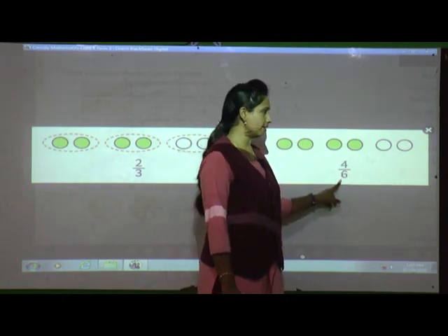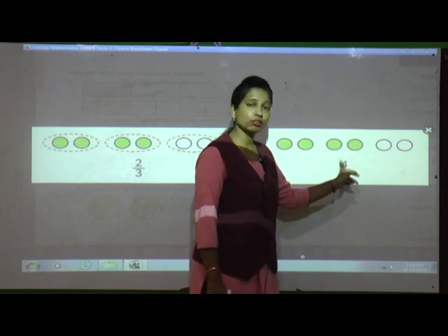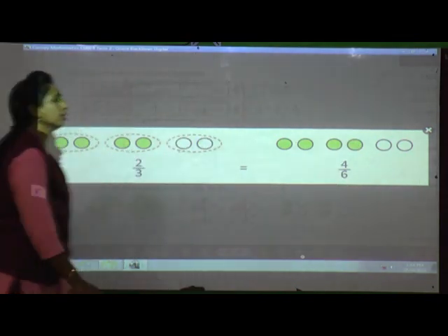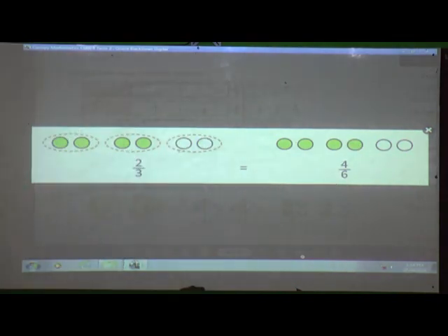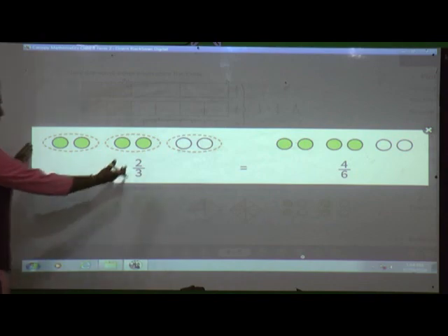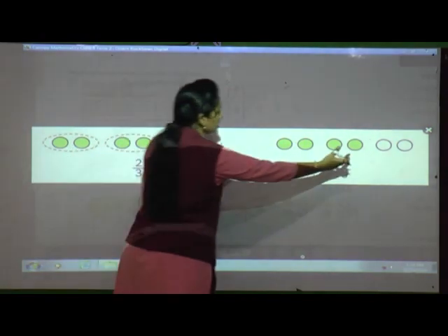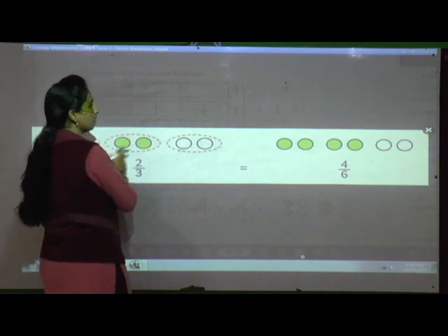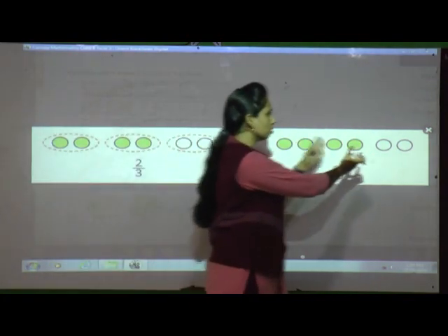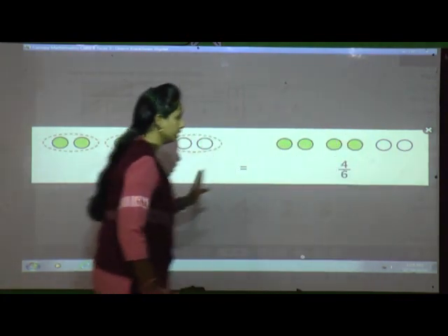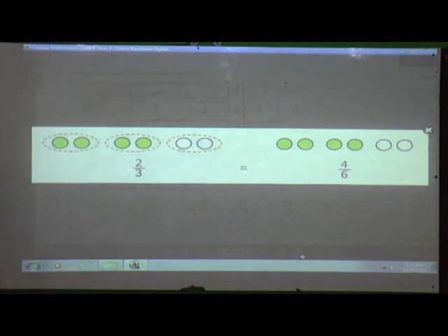So we have to write 6, and how many parts are colored? 4. 4 out of 6. So here when we keep this part and this part together, they are the same, and the not shaded part also the same. So here also we can say 2 by 3 and 4 by 6 are called equivalent fractions.